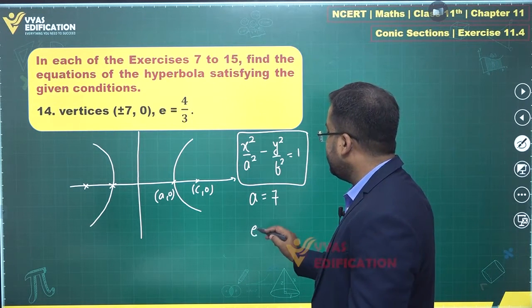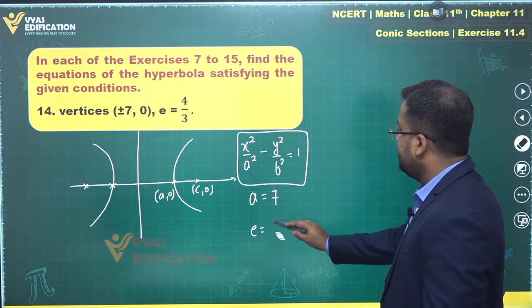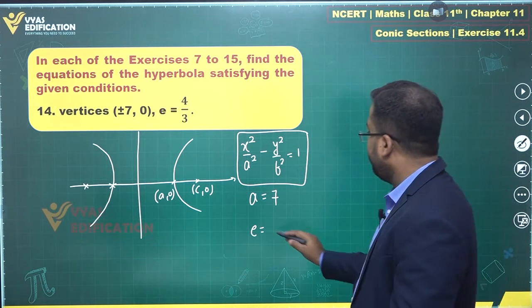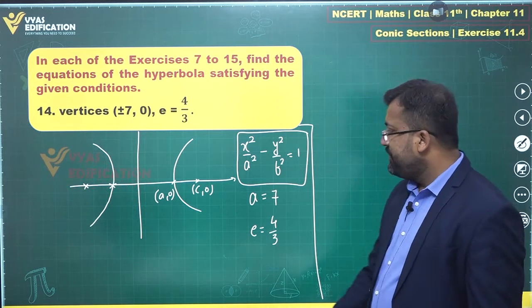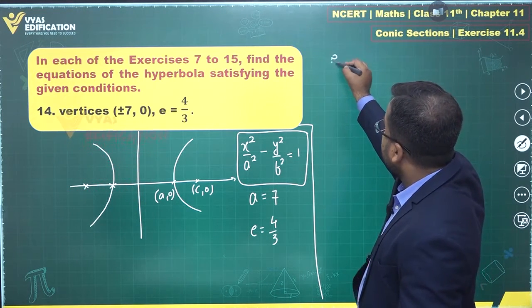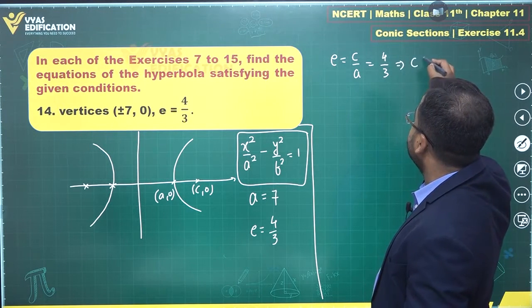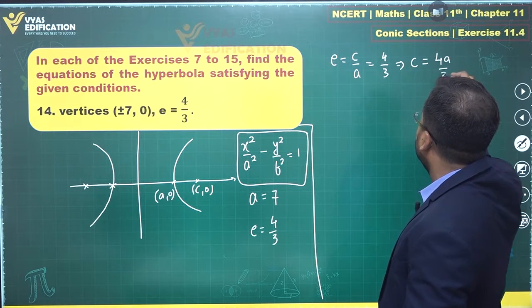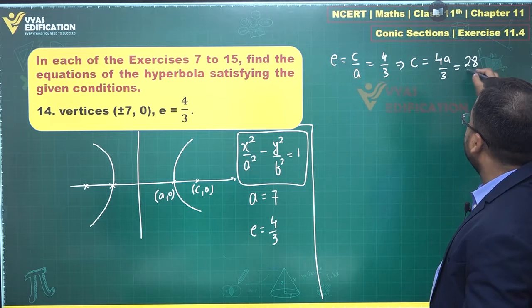What else? Eccentricity is equal to 4 by 3, and this will help us to find B somehow. What is eccentricity equal to? E is equal to C by A, which is equal to 4 by 3, implies C is equal to 4A by 3. Now A is already known, A is 7, so this becomes 28 by 3.